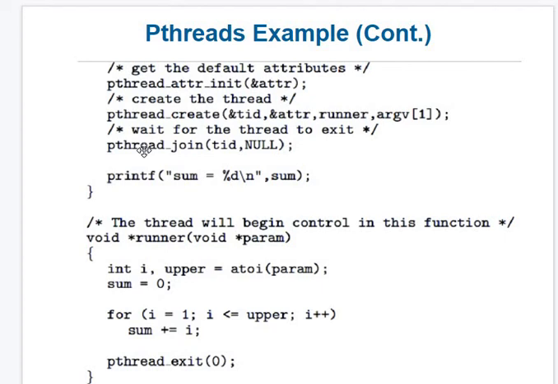Only one answer is there, that's the sum. So finally the child thread is over. The main thread, who was a little asleep, is now active and will print the answer of sum, and finally he will also close himself.